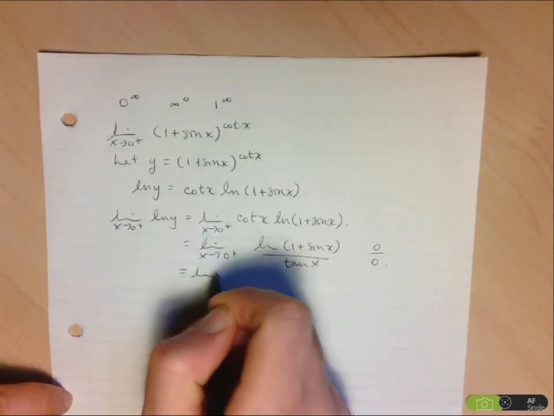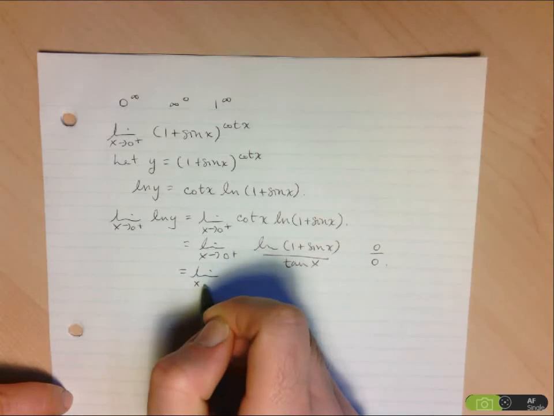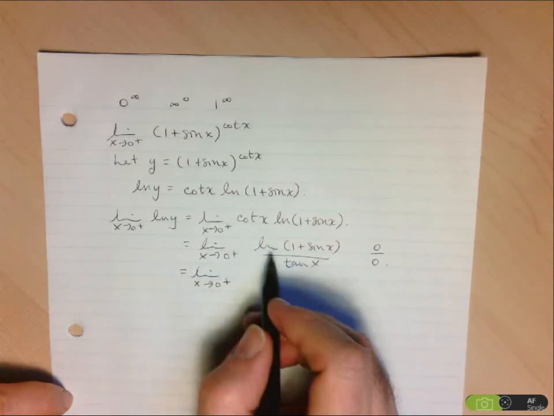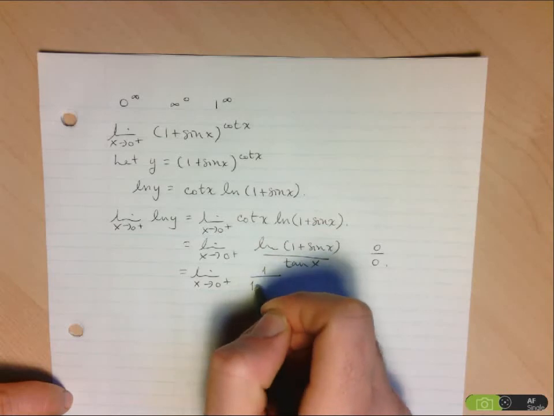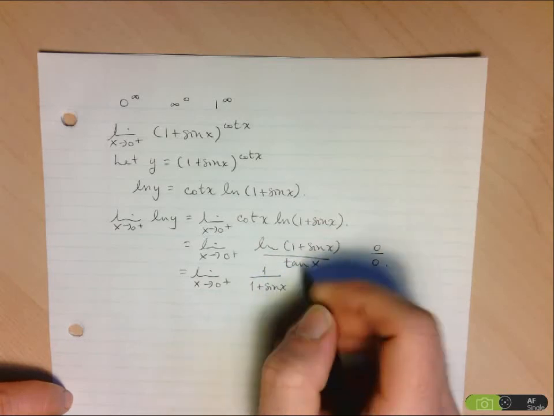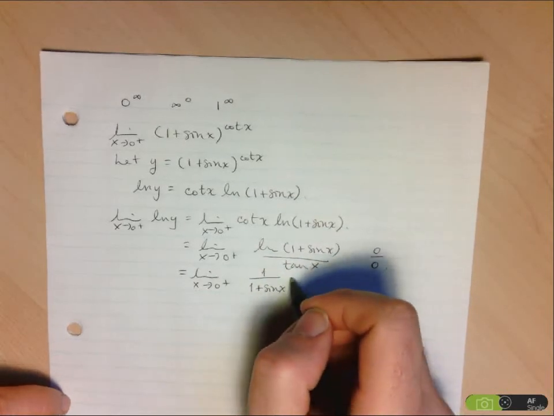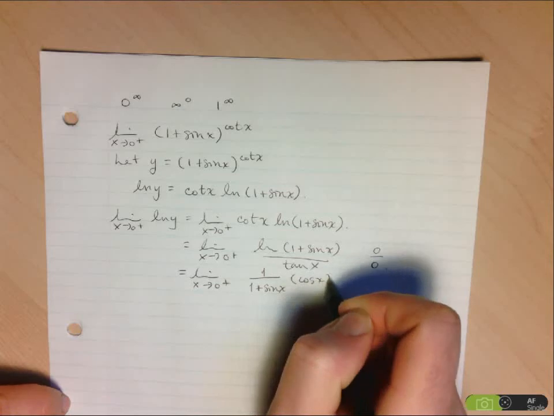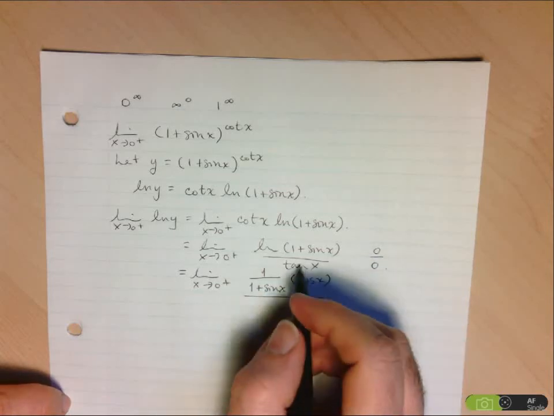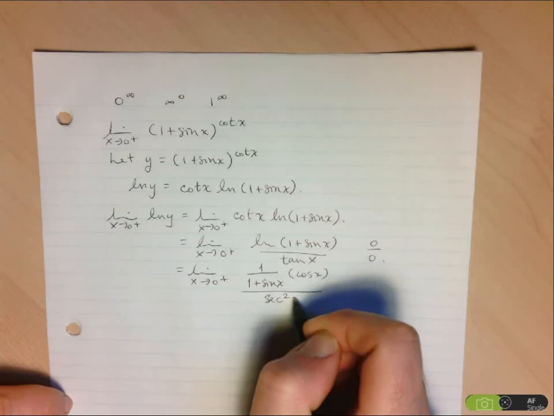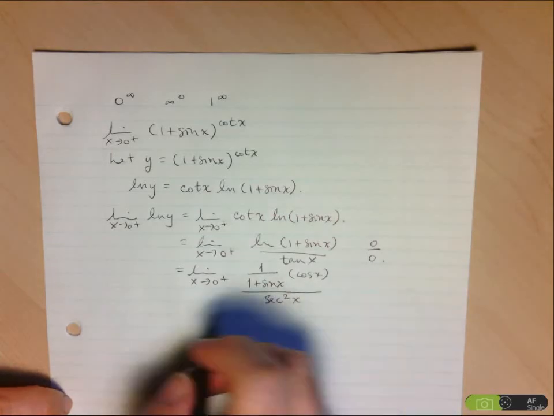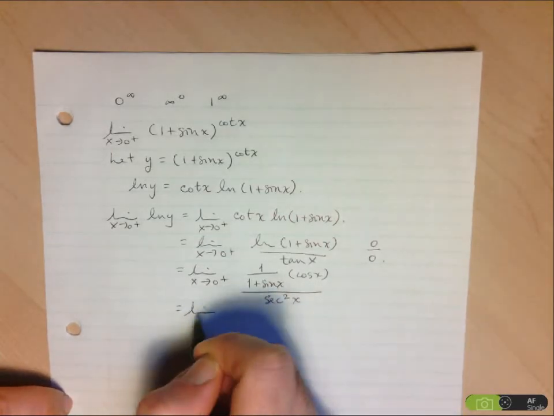So we'll take the derivative of both numerator and denominator. For the numerator, we have 1 over 1 plus sine x times the derivative of 1 plus sine x, so cos x, all over the derivative of tangent x, which is just secant squared x. Okay, and this is actually a nice, easy limit to take.